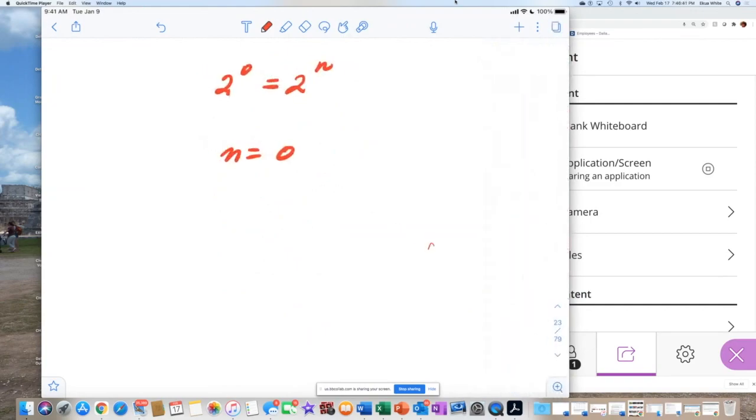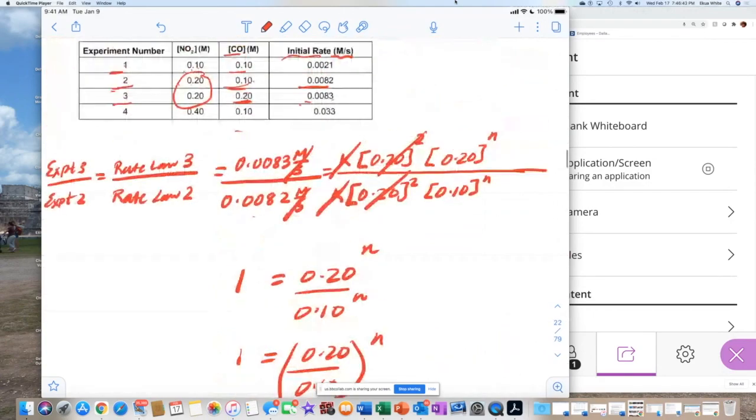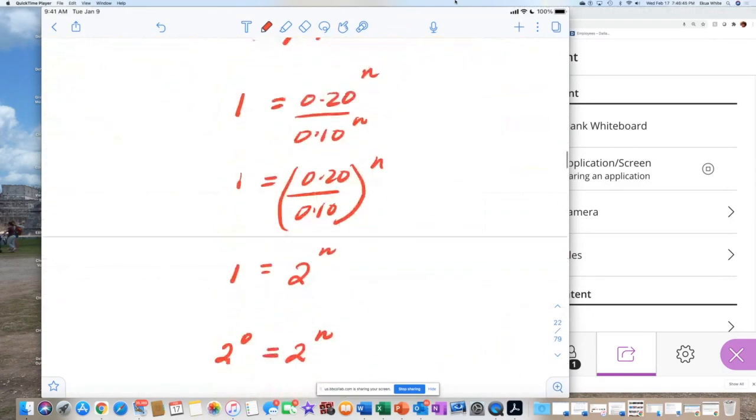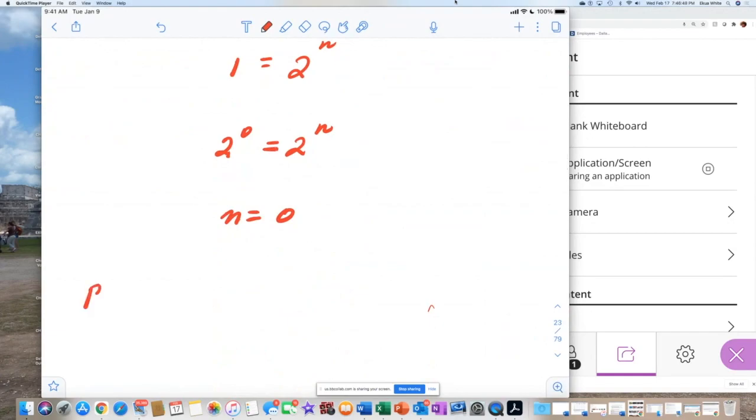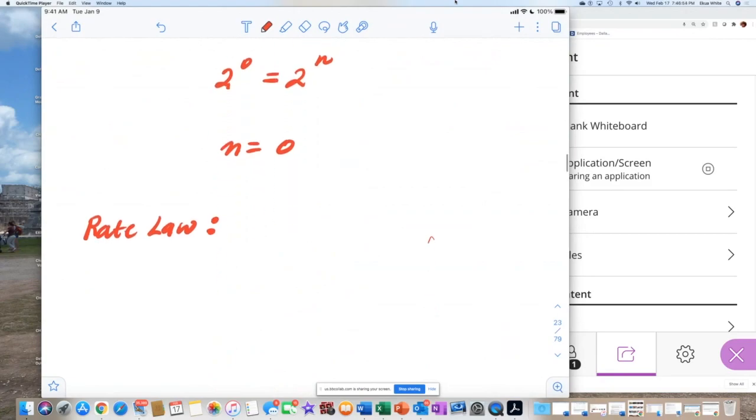So what do these orders mean, by the way? Let me write the rate law, and then I'll tell you what it means. Now that I have these, I can write my rate law. The rate law is equal to the following. You remember, you leave the word rate as rate: rate equals K, bracket NO2 close bracket, raised to the power 2, and then CO raised to the power 0.